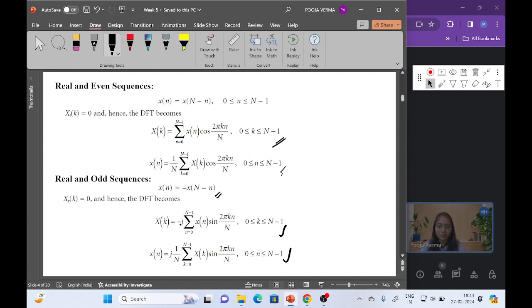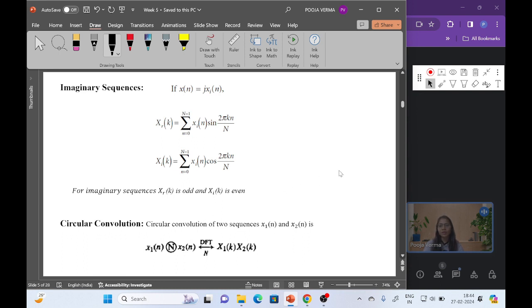X of k will be minus j summation of n equals 0 to N minus 1 x of n sine 2 pi kn divided by N. For real and odd sequences, X of k is purely imaginary, and the inverse DFT will be x of n equals j times 1 by N summation of X of k sine 2 pi kn divided by N, where k varies from 0 to N minus 1 and n also varies from 0 to N minus 1.